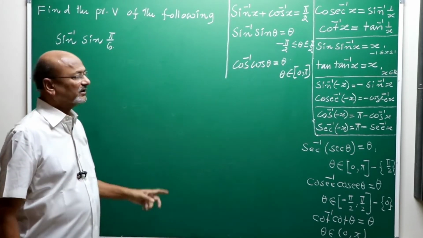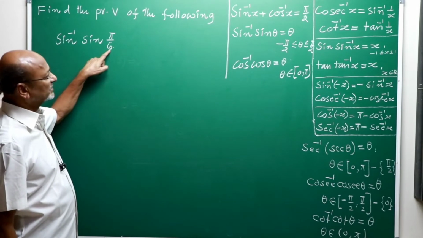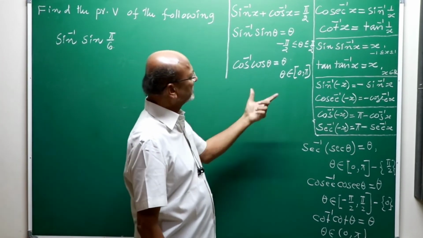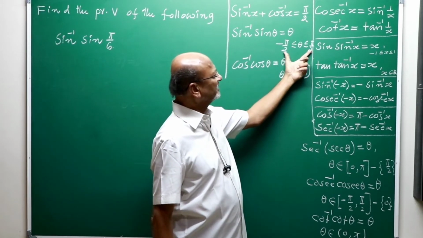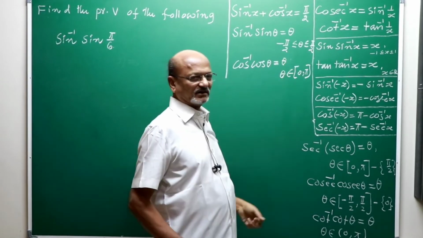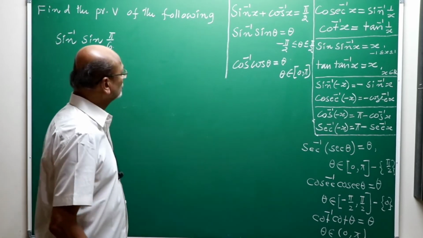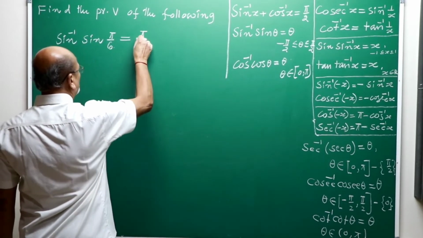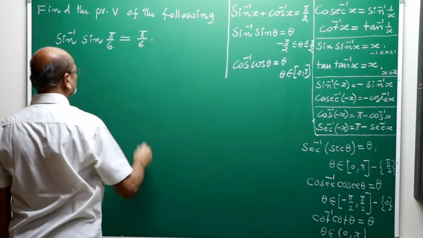See, what is this angle? This angle is pi by 6. Pi by 6 means it is 30 degrees. Then that 30 degrees is well inside this minus 90 to plus 90. Then, my friends, we can make use of that property. Directly you can write this equal to pi by 6.